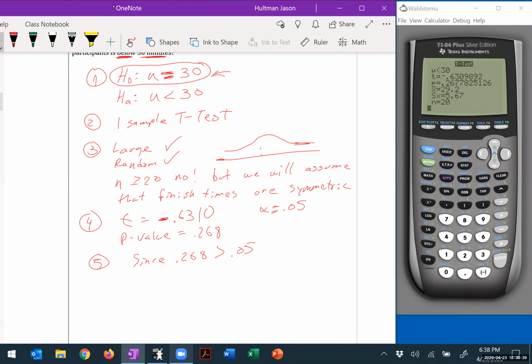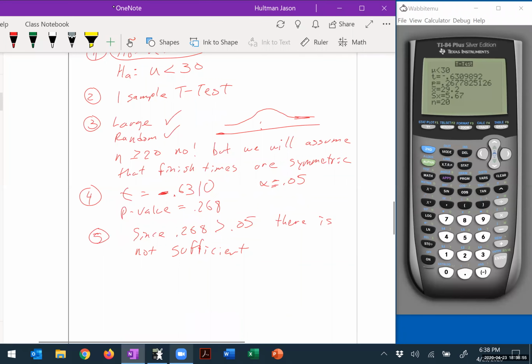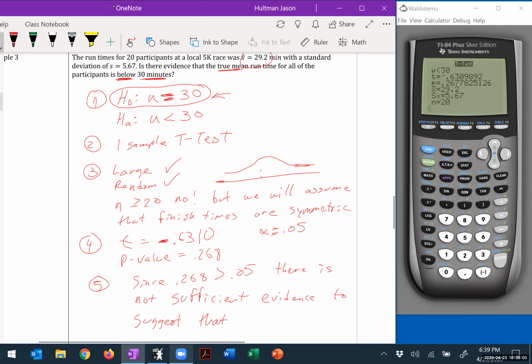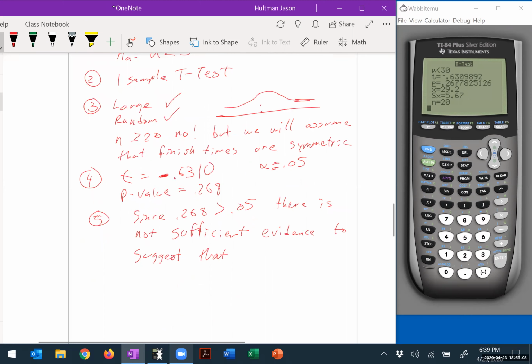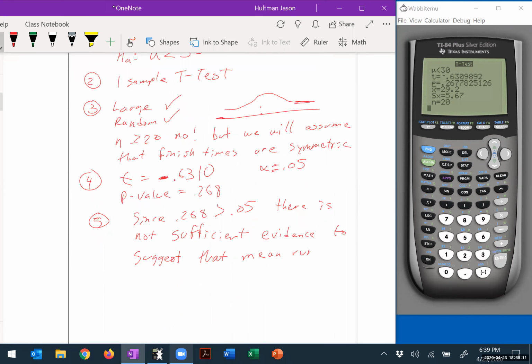We're going to say, since this is greater than this, there is not sufficient evidence to suggest that mean runtimes were below 30 minutes.